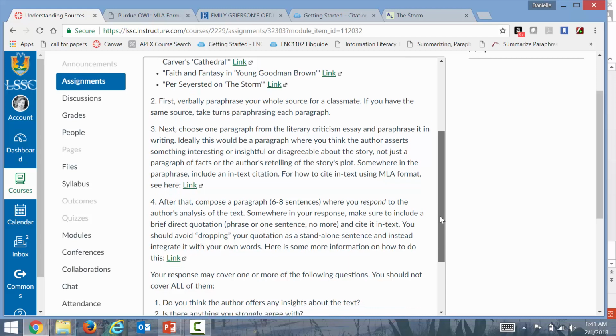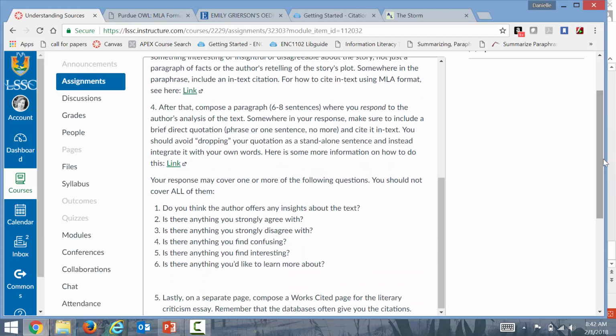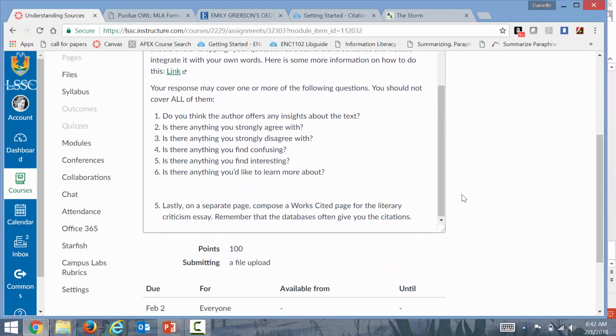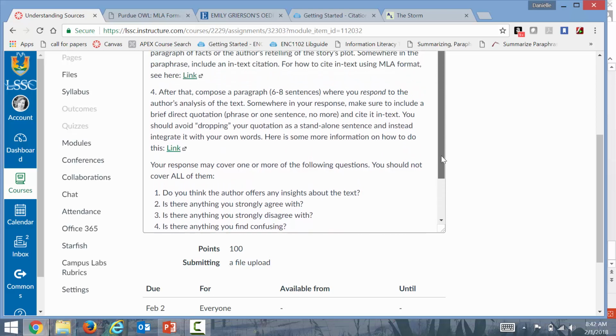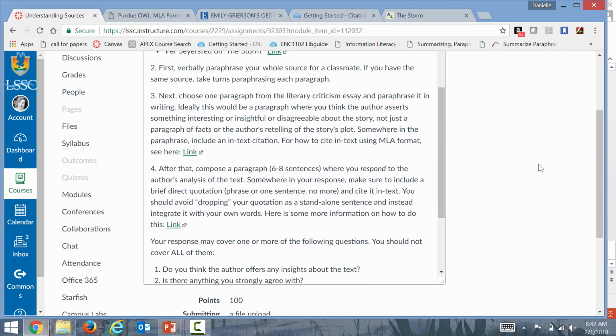And I want you to respond to it. A sample response could be, in this article by Jack Shrieber, he argues that Emily kills Homer Barron because her dad has given her an Electra complex and she is in love with her father and Homer Barron is a replacement for him.